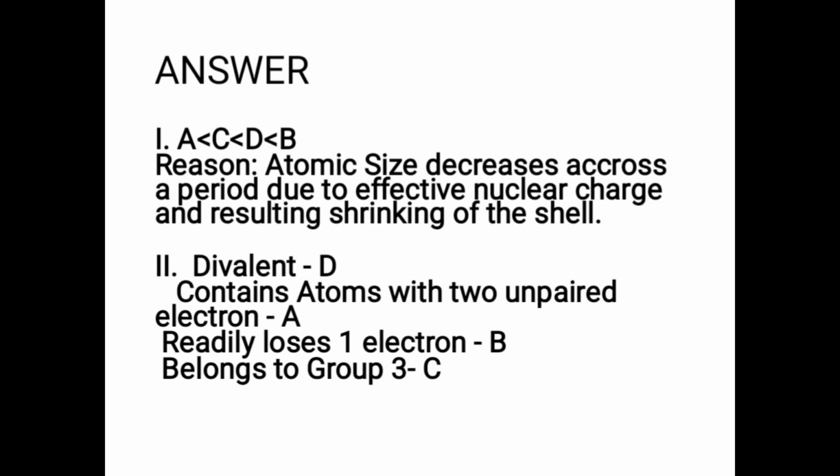So size decreases across the period, and these elements are across the period. That means lithium will be bigger in size than beryllium. Beryllium will be bigger than boron, and boron will be bigger than carbon. So therefore, we have A less than C less than D less than B.